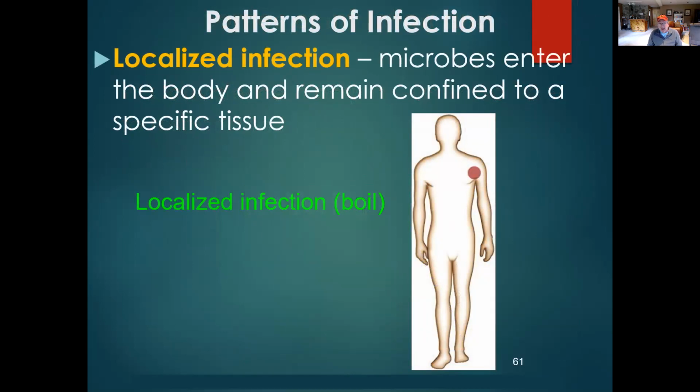Let's talk about some other terms that are described in the patterns of infection section of the text. The first one is localized, which simply means it's confined to a particular part of the body. Now, that may be where the microbe entered. It may not be, but often is. So if you get a cut on your arm or your finger, let's say, and sooner or later you start to see some swelling and you have some tenderness right at that infectious site where that bacterium was introduced, that's a localized infection, right?